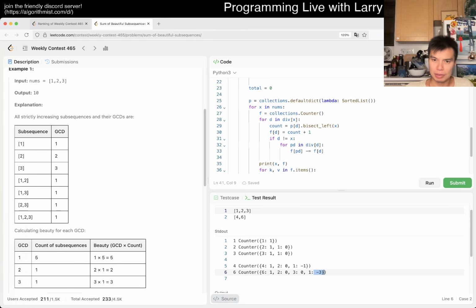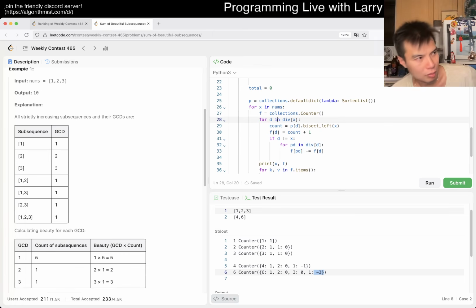Okay, so yeah, 2 goes for 2, and then subtract. Yeah, maybe the reason is because this way doesn't. We have to do all the numbers together, I suppose.